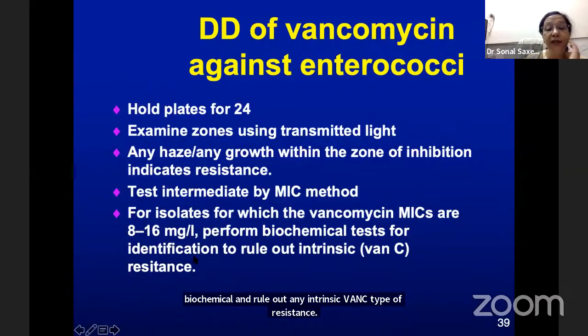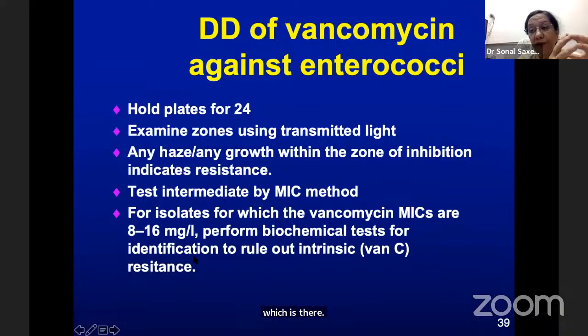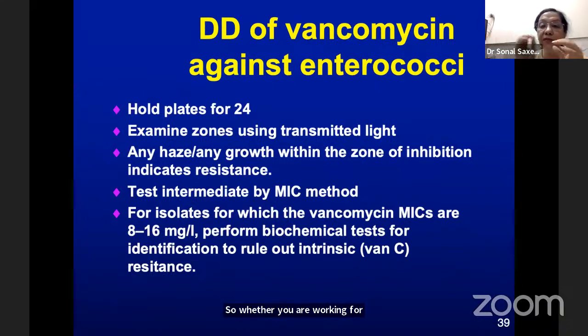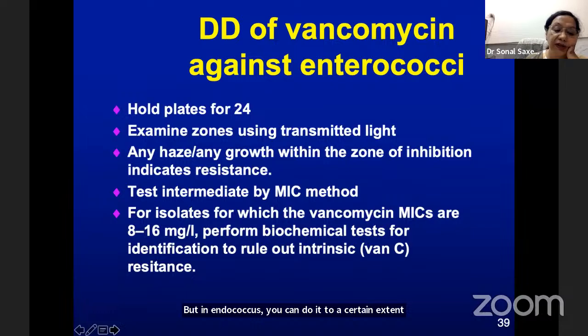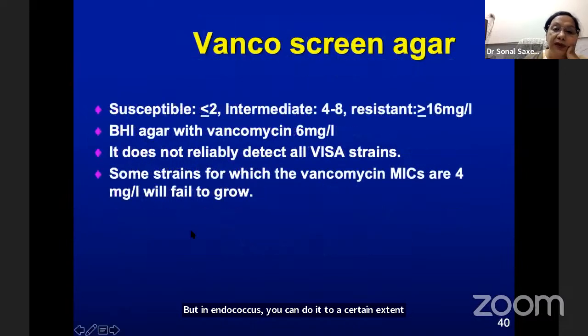So whether you are working with staph or enterococcus, remember in staph you don't do any diffusion at all for vancomycin because the reasons are similar. But in enterococcus, you can do it to a certain extent after holding the plate for 24 hours. Now in vancomycin agar, we are taking susceptible at less than 2, intermediate at 4 to 8, and resistant at 16.